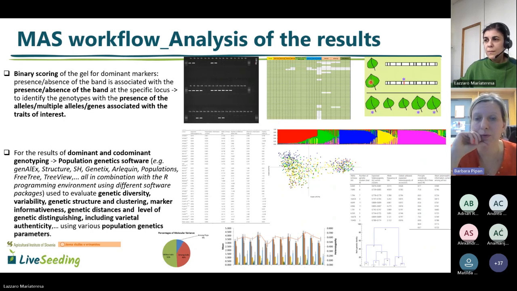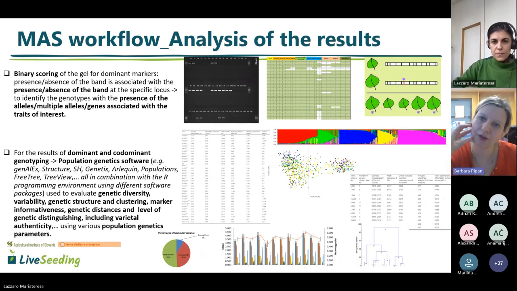All of those are now combined with R software and different packages for population genetics in R. This allows us to evaluate the genetic diversity, the variability, the genetic structure, clustering, which is very important, the marker informativeness, genetic distances between our breeding lines, and the level of genetic distinguishing between breeding lines, using different population genetic parameters.